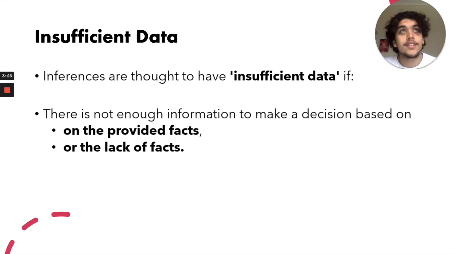You can think of an inference as having insufficient data if you are unable to make a decision because maybe something mentioned isn't relevant, maybe there isn't enough explanation or facts to do with the inference given in the passage itself. So therefore, you don't have enough information to come to an informed decision, and we can label it as insufficient.